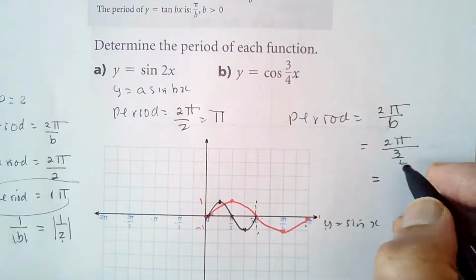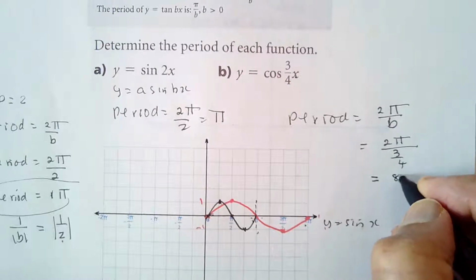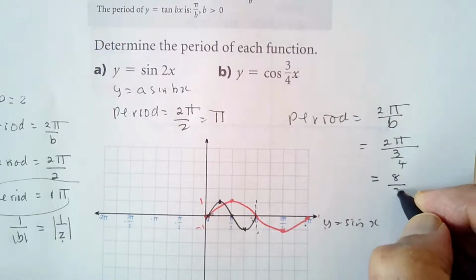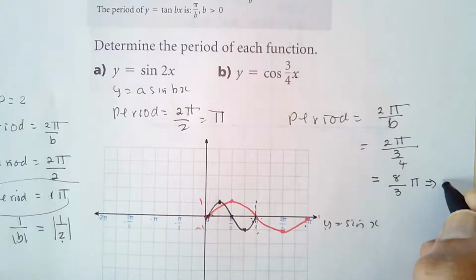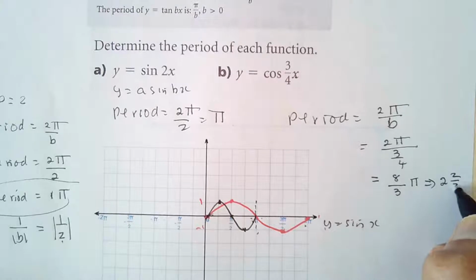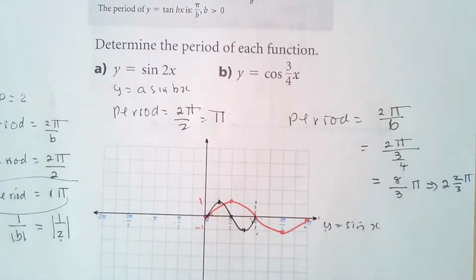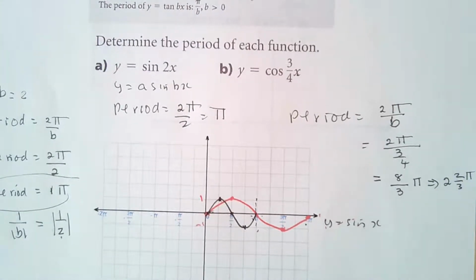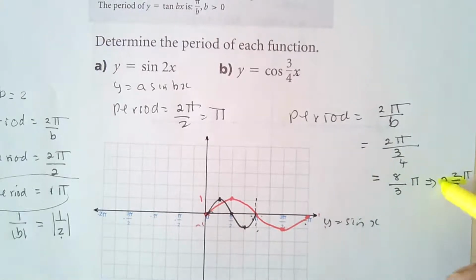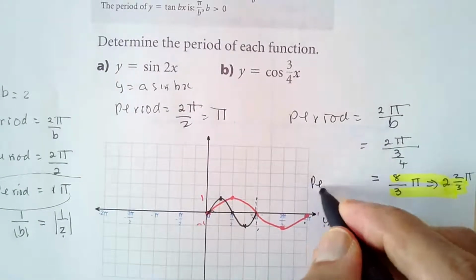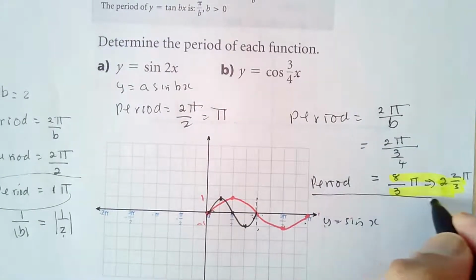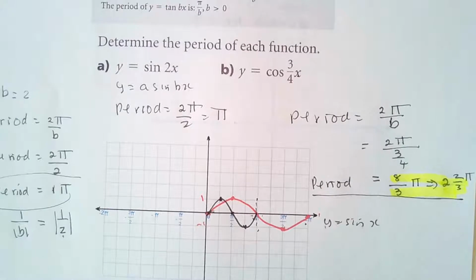What will that be equal to? 8 over 3 pi, or 2 2/3 pi. So the period is not neatly done. It's a pretty messy one. So the period is equal to 2 2/3 pi.